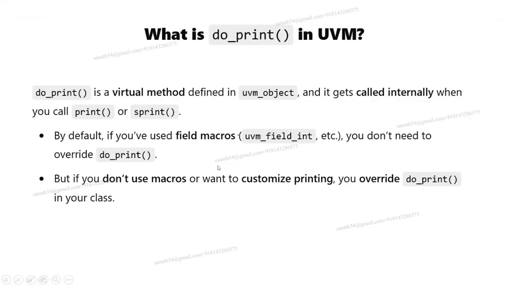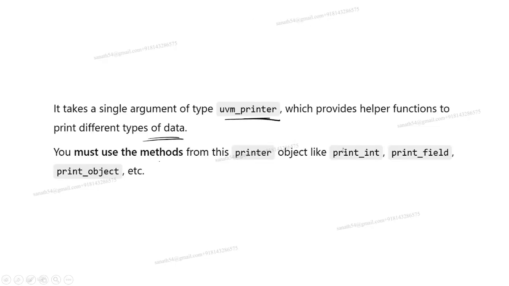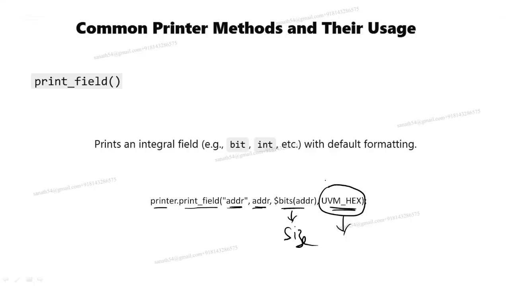When you are using field macros, you don't need to override do_print. But if you don't use macros or want to customize the printing, you need to override do_print. The syntax for do_print is: virtual function void do_print(uvm_printer printer).